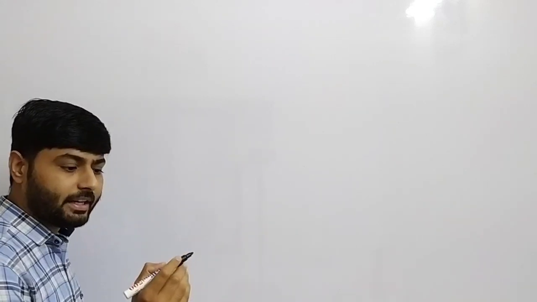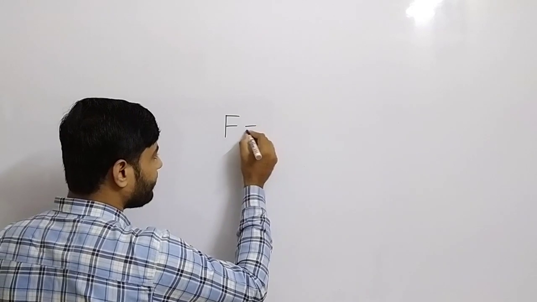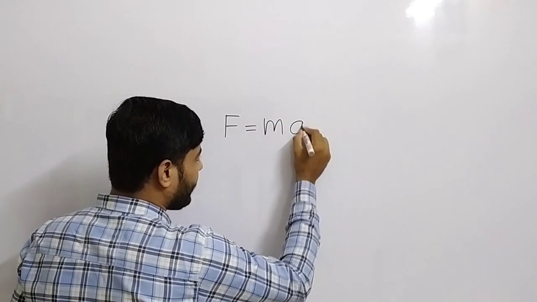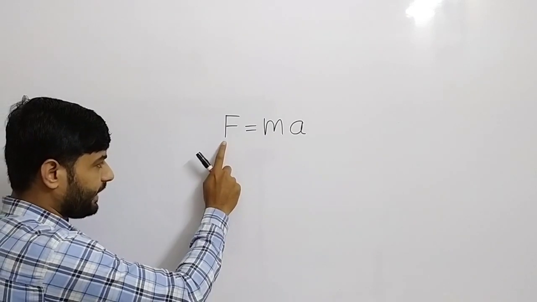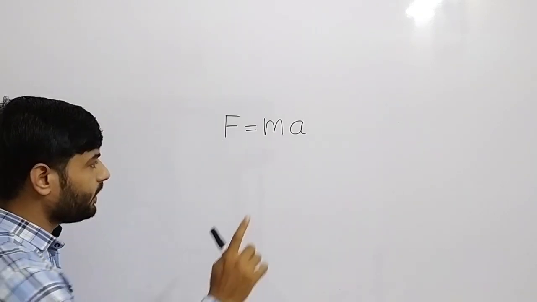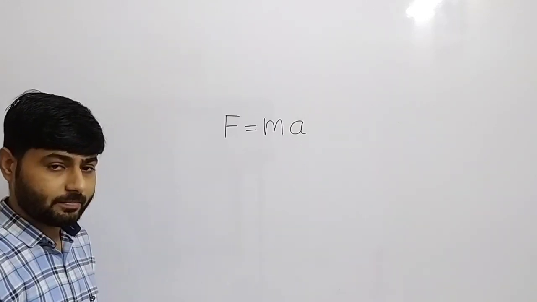Second law of motion states that rate of change of momentum is proportional to applied unbalanced force, and we have derived the mathematical formulation of second law as F is equal to ma. Now you know what is F. F is force, m is mass and a is acceleration.